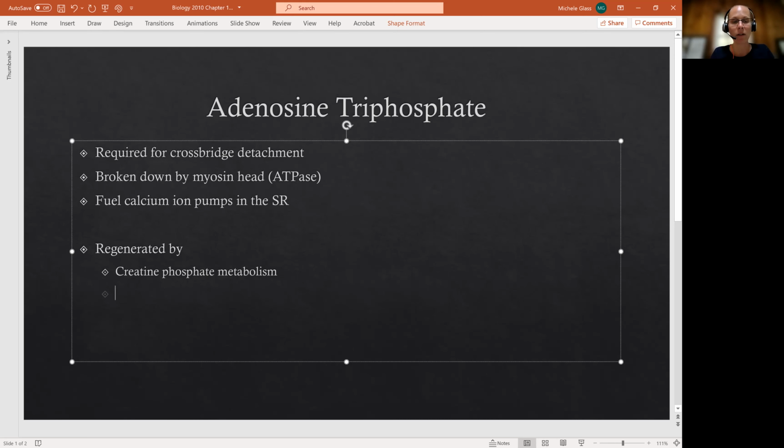We're going to have anaerobic glycolysis. The term anaerobic means no oxygen is required. And then we have another option of aerobic respiration. Aerobic respiration means oxygen is required, and this is happening at the mitochondria.